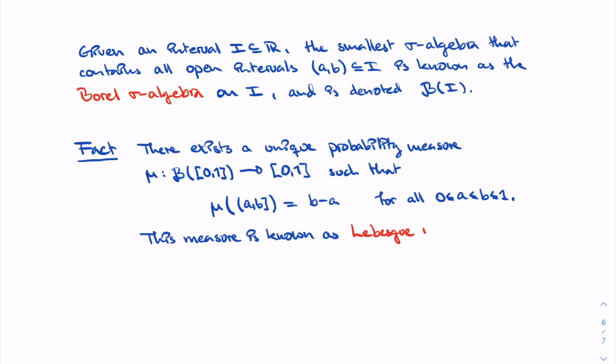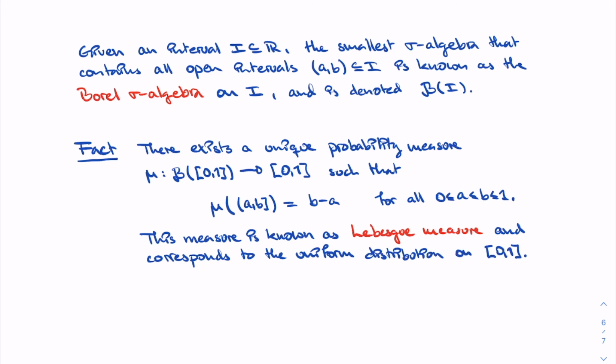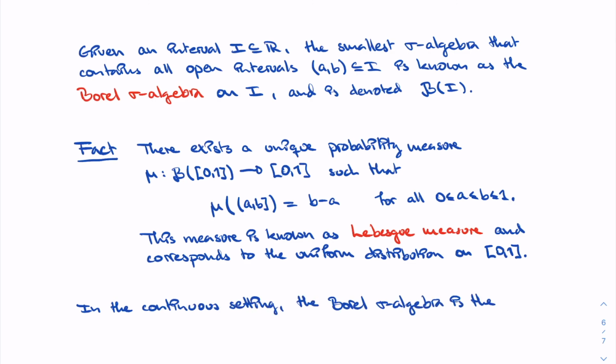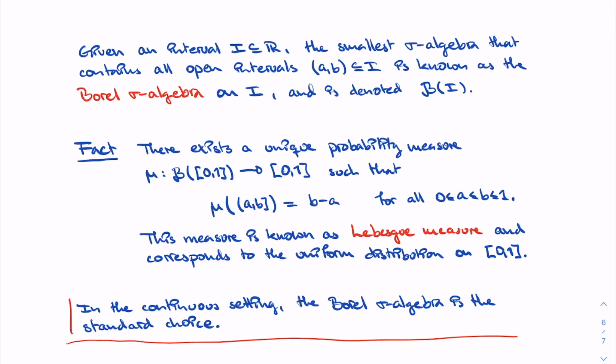This measure is known as Lebesgue measure and corresponds to the uniform distribution on the interval 0, 1. Because of this fact, in the continuous setting, the Borel sigma-algebra is the standard choice.